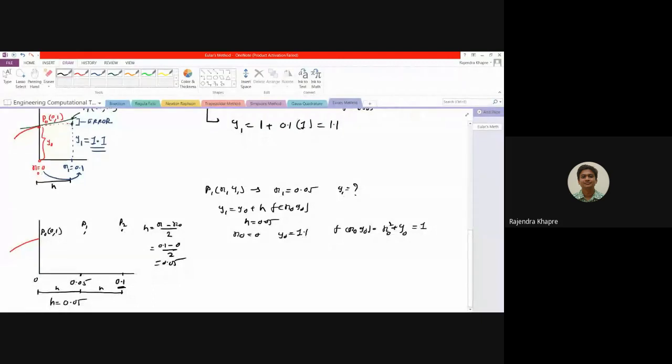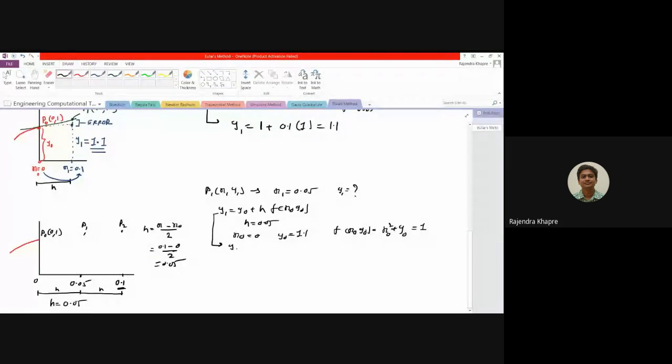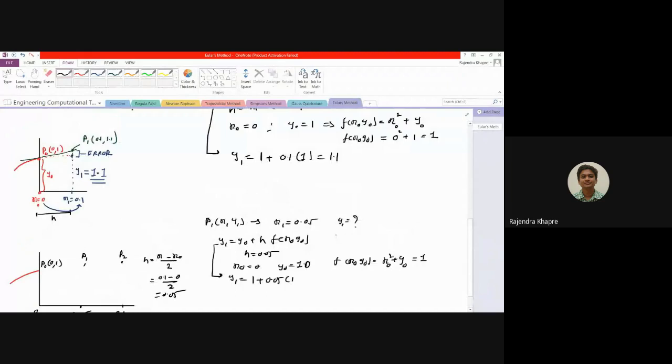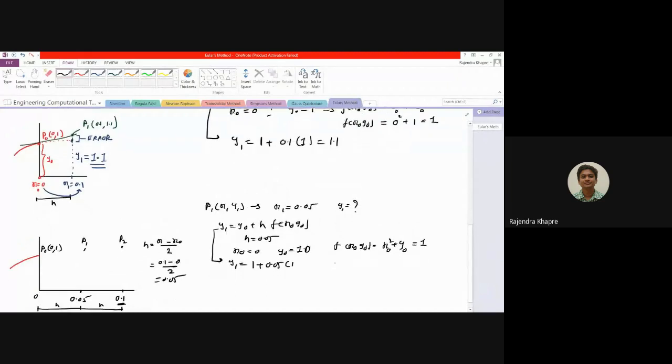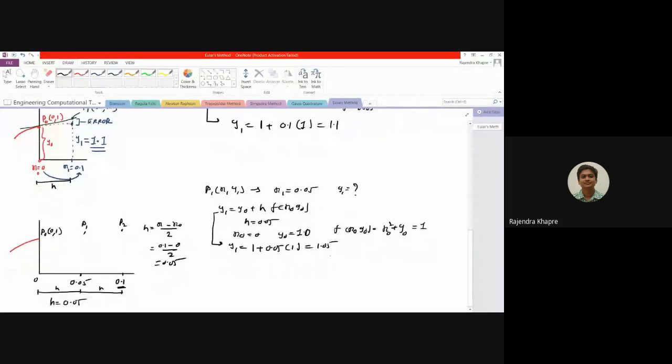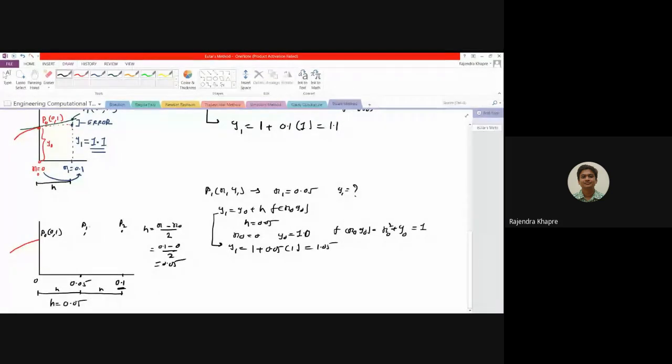So as a result of this, the value of y1 will become y0, which is 1.0, plus h, which is 0.05, into 1. So this is going to become 1.05. So this P1 will now have coordinates 0.05 and 1.05.